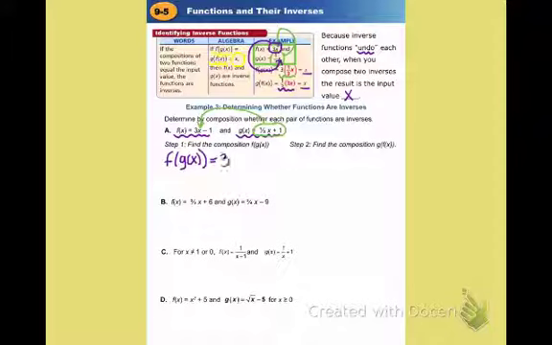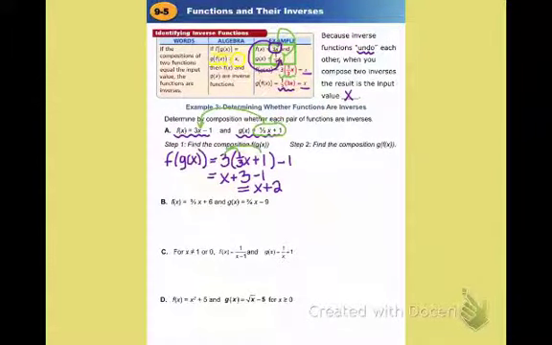So it would look like this: wherever I see x, I'm going to put in place of it that function, so I'm going to substitute in 1/3 x plus 1. Then I have to simplify this by distributing the 3 through. 1/3 times 3 is 1, so that's 1x, or just x. 3 times 1 is 3, and then minus 1, so this turns out to be x plus 2.